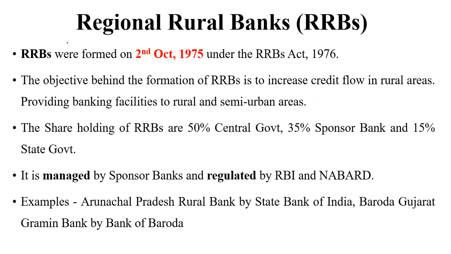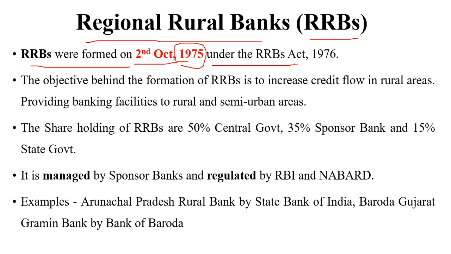After private sector banks, there are regional rural banks, that is RRBs. Now RRBs were formed on 2nd October 1975 under the RRB Act 1976. The main objective behind the formation of RRBs is to increase credit flow in rural areas and provide banking facilities to rural and urban areas.